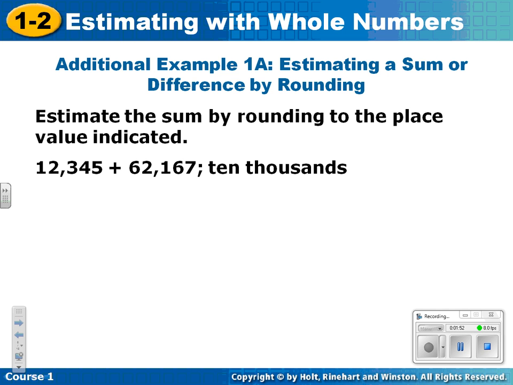What about the 4? What place is that, Corbin? That's the 10's place. What about the 3? That's the 100's place. The 2 is what? That's the 1000's place. And the 1 is going to be the 10,000's place.